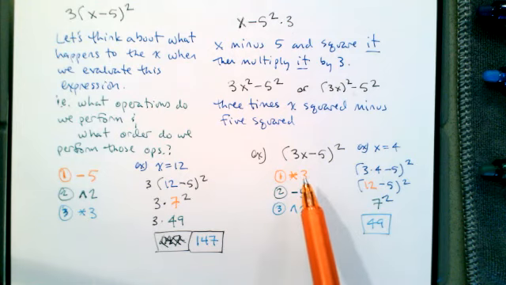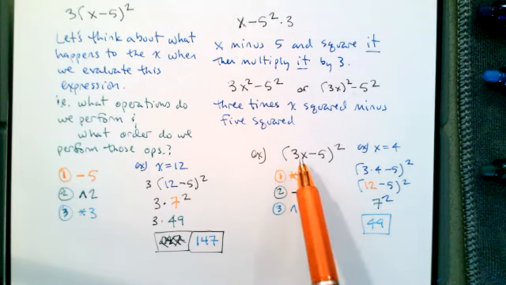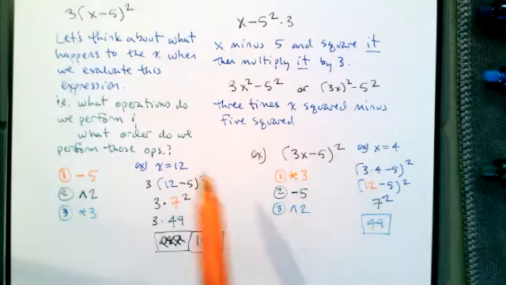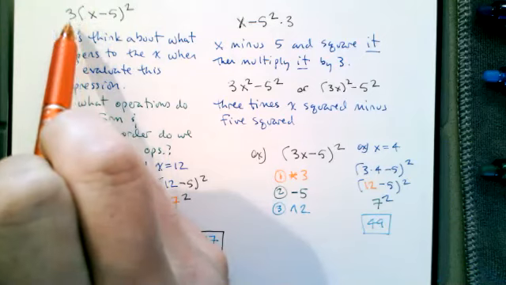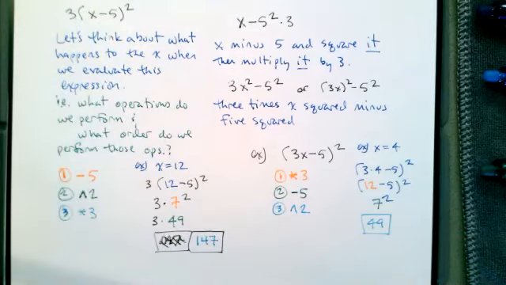Exponents go before multiplication unless there's some parentheses. Multiplication goes before addition. Notice that in the 3x minus 5, we did the multiplication first and then subtraction because there were no parentheses. But up here, this multiplication came after the subtraction because parentheses. So that's Leach's order of operations.